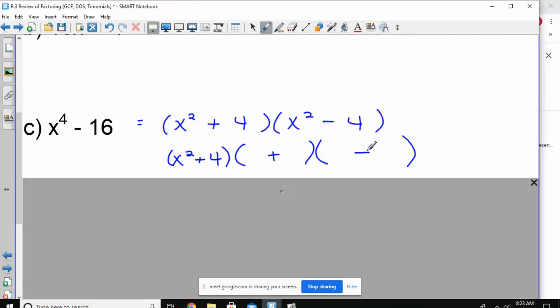So x squared would break into an x, and 4 would give me 2 and 2. So always check to make sure it is completely factored, that it won't go any further.